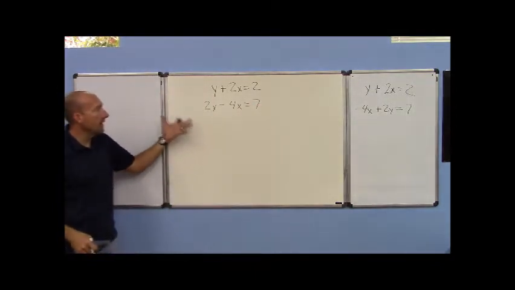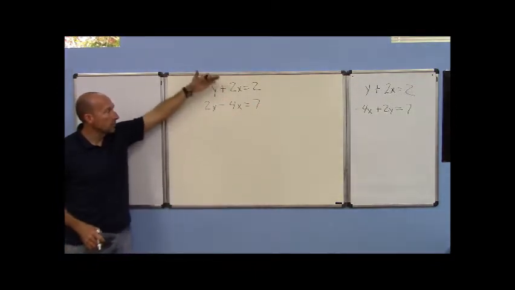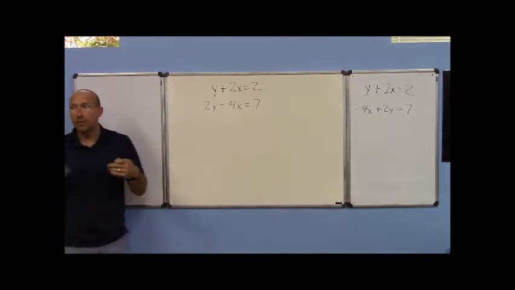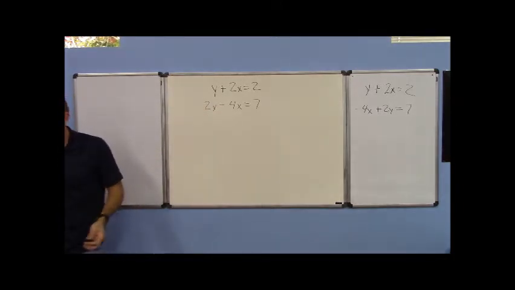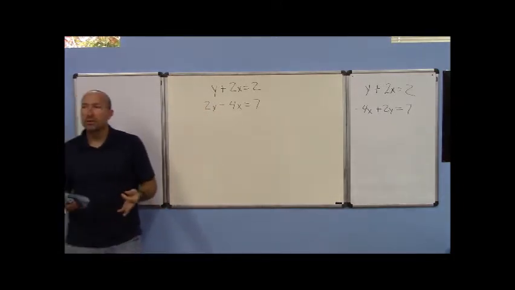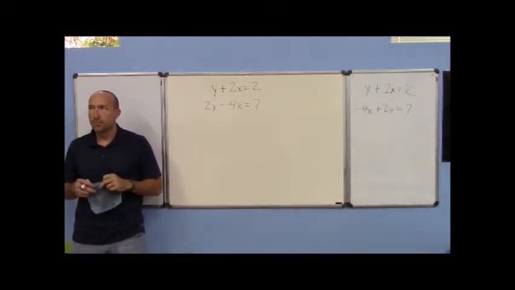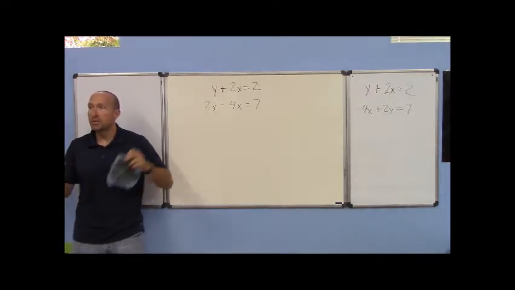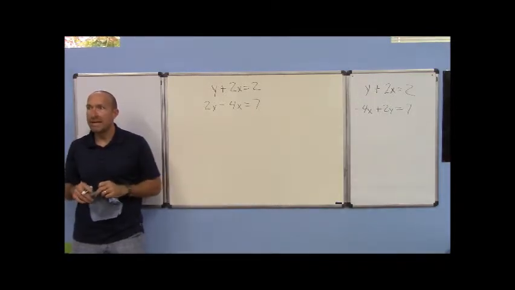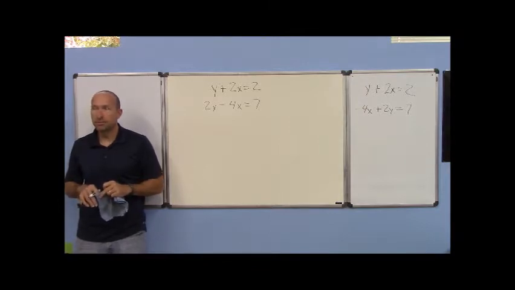Well, I don't have anything that I could substitute or do the addition method and end up with nothing. But what can we do to equations as long as we don't change the actual statement itself? If we don't change the results, can we rename? Sure.